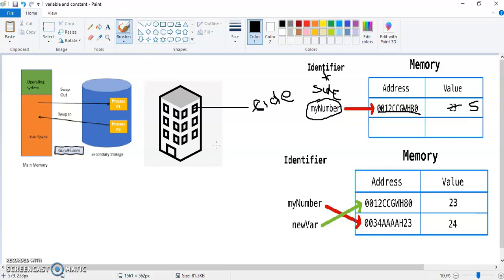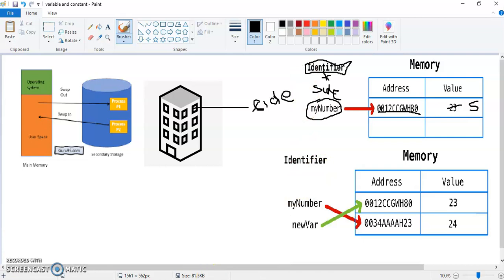And if I store two values, this is how they can get stored. So I think this is clear to you how the variables get stored in the computer memory and how they are being identified. When you give it a name, it is known as giving a name to an identifier.